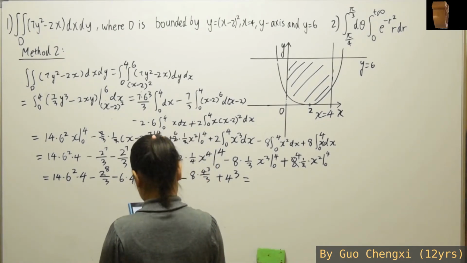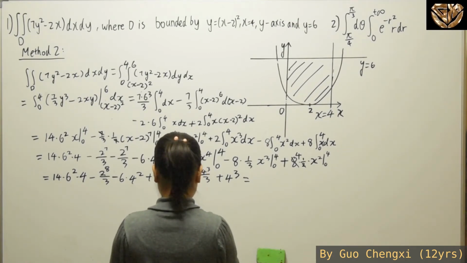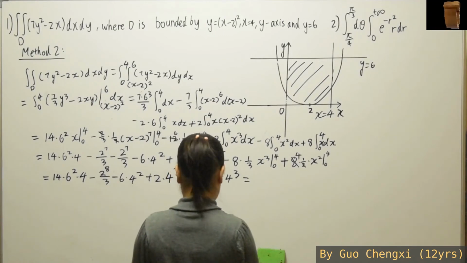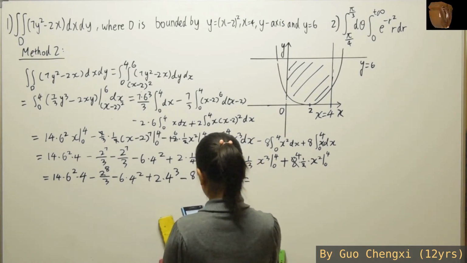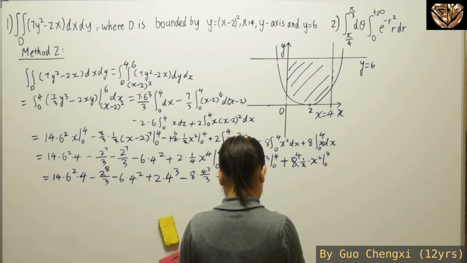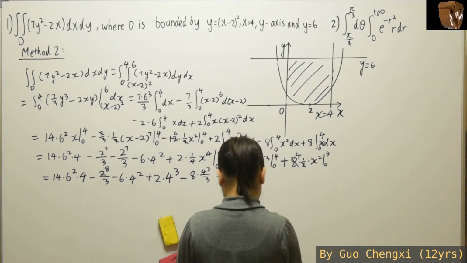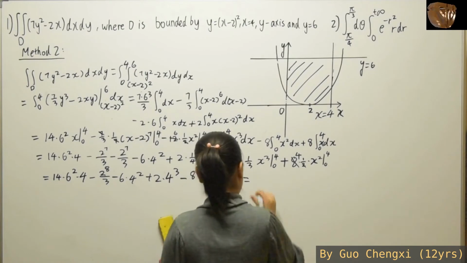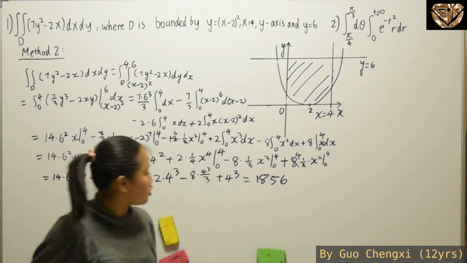Then here we'll plus the 2 times 8 times 4 cubed over 3, and we'll also have to add the 4 cubed, which we will end up with 1856. Okay, so we're going to end up with 1856.